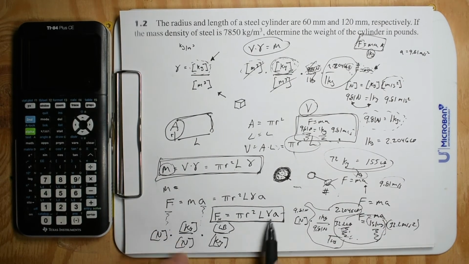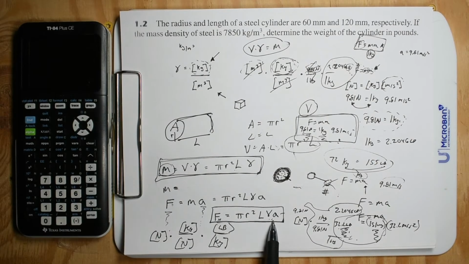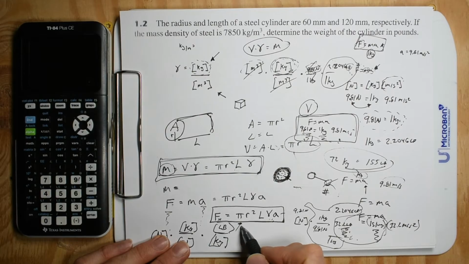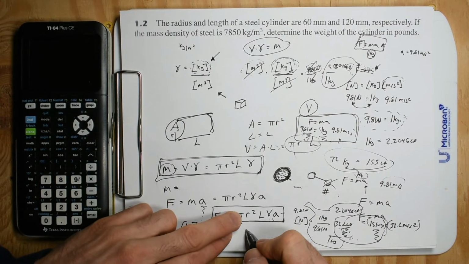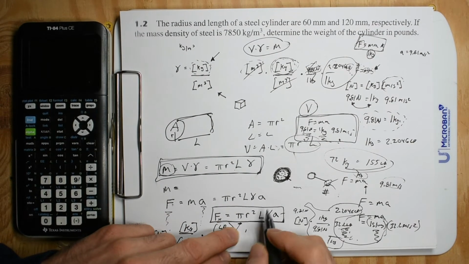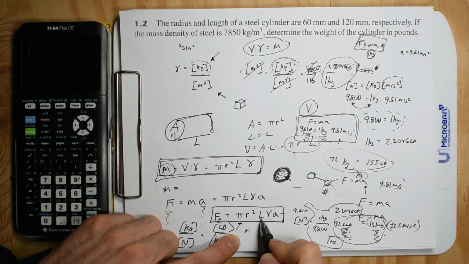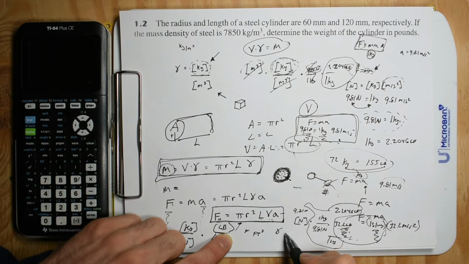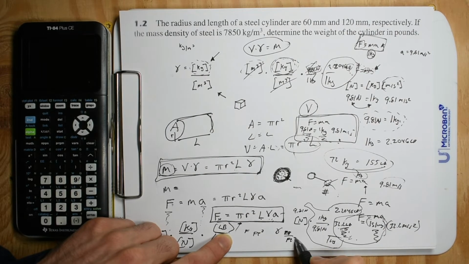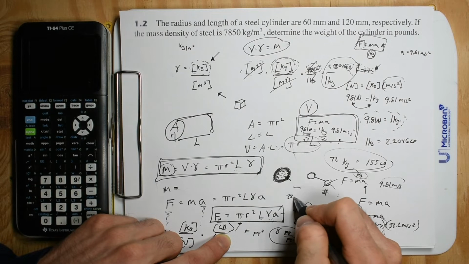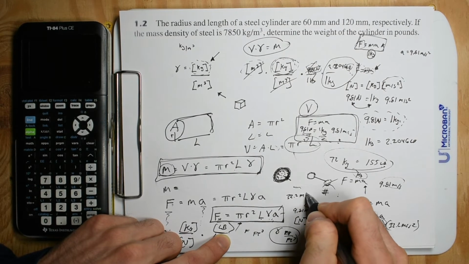I don't know how to actually make the equation, and it's too complicated to actually convert everything to inches. I mean, you'd have to convert to feet. You'd have to convert radius to feet, length to feet, so then you'd have feet cubed, but then you'd have to find the density in pounds per feet cubed, which you could do, and then you could use this acceleration as 32.2 feet per second squared.